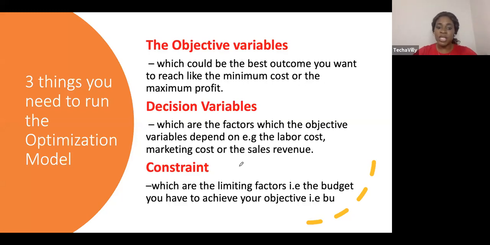Your decision variables are the factors that will help you to achieve this, like your labor cost, your marketing cost, your sales revenue. This is the variable that is dependent on the objective variable. And then the constraint is the limiting factor. What is stopping you from achieving this? So all these are the factors you need to run your optimization analysis.